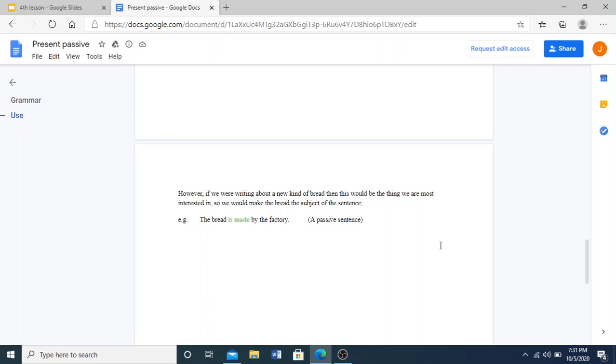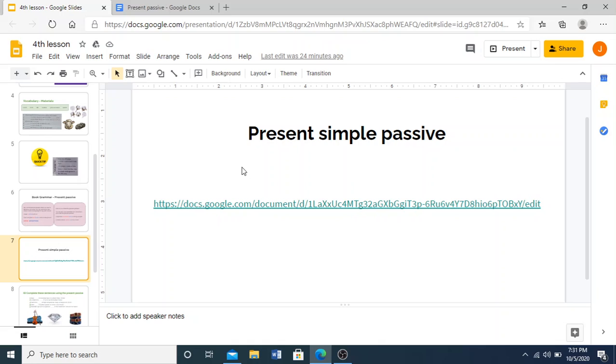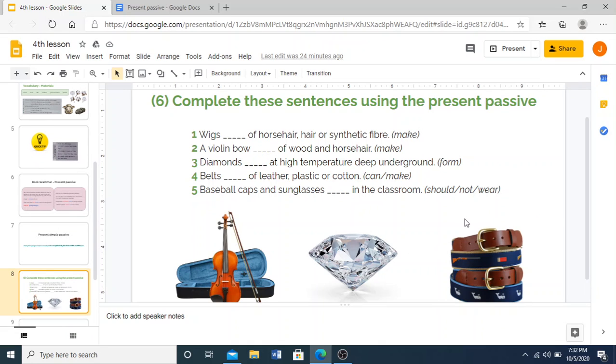Okay? All right. So this is a quick explanation about the active and passive. But remember, we are concerned about the passive today. Now, here's a task for us to do. Complete these sentences using the present passive. We are to change this now into the passive.